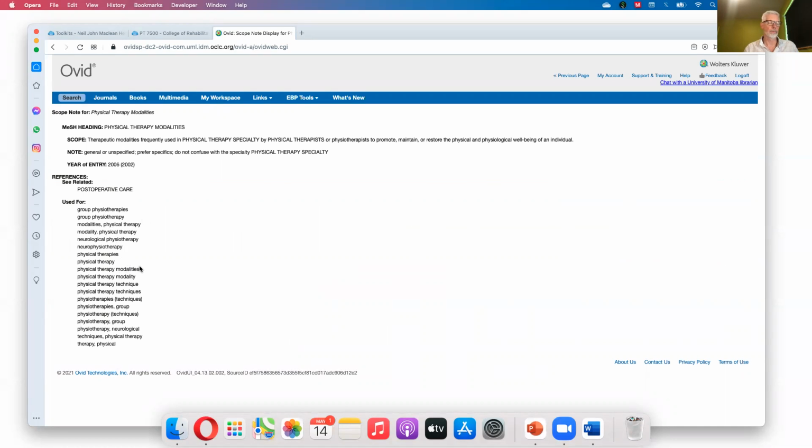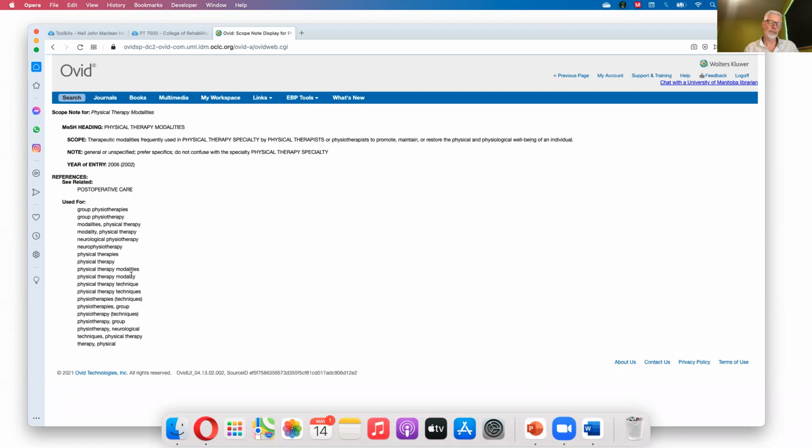And how does that work with subject headings? Well, an article written by an author that has a concept of physical therapy in it, or physical therapy modalities in it, different terms can be used to describe that.